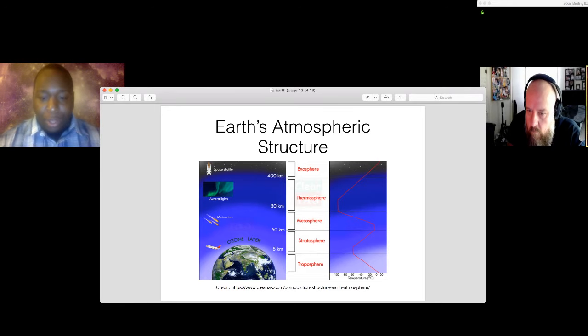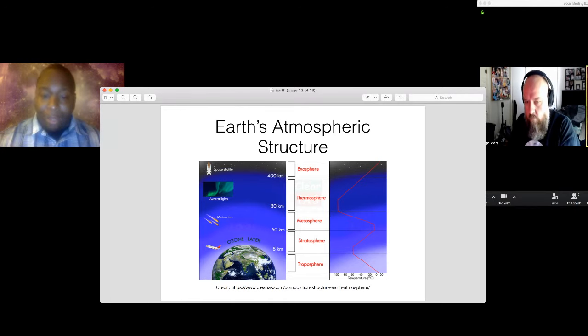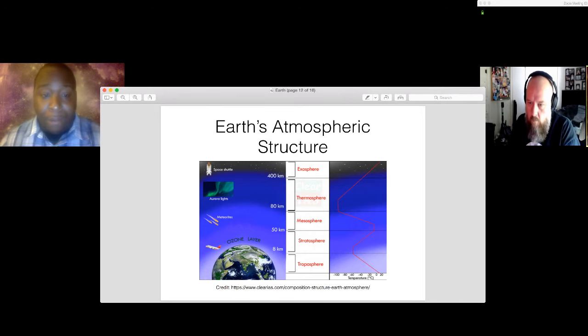Wedged between the troposphere and the stratosphere, you have our ozone layer, which is composed of O3 molecules. Then moving along from the stratosphere, we have the mesosphere, then the thermosphere, and then the exosphere, which is the outermost sphere of our atmosphere, which is what space shuttles are trying to achieve.